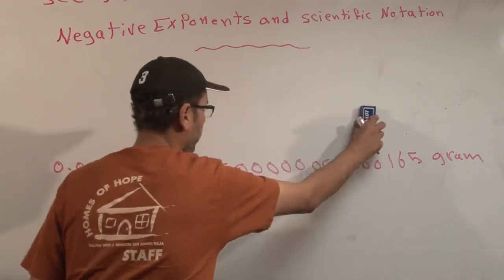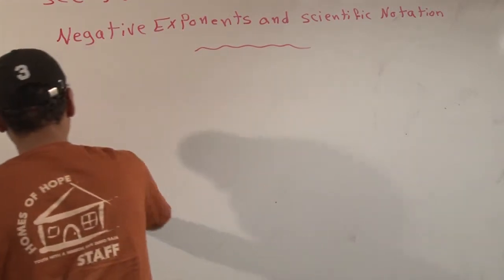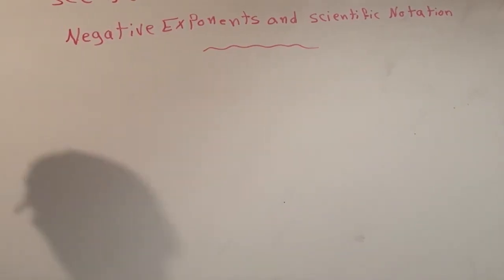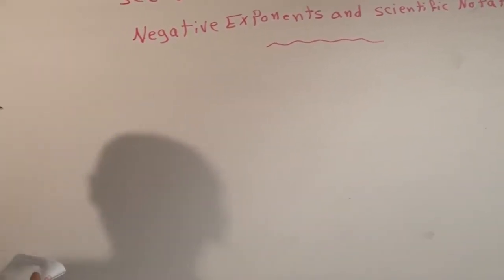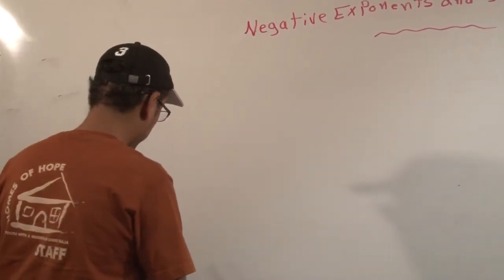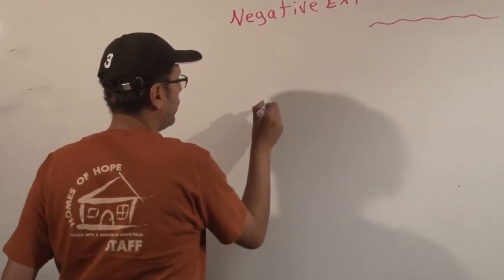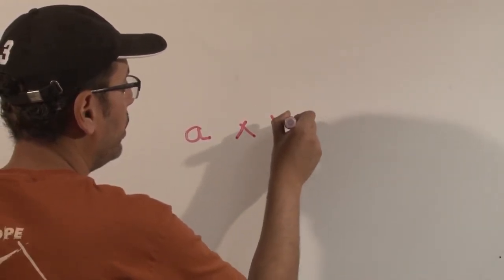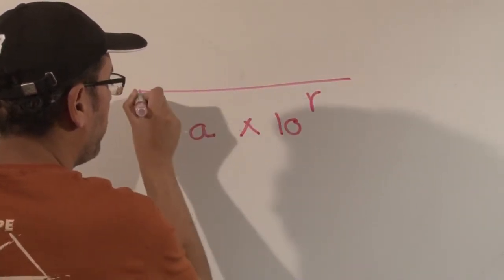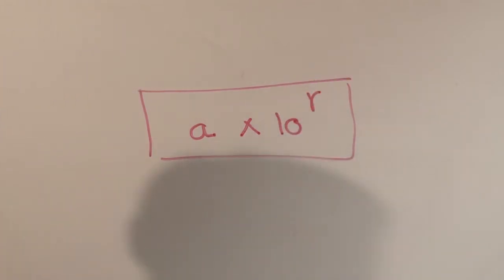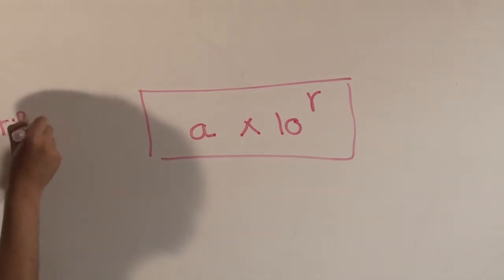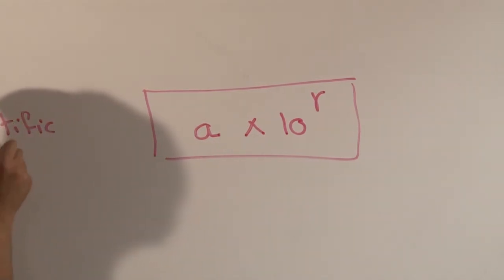The way that we are talking about today has this form: A times 10 power of R. This is the scientific notation.